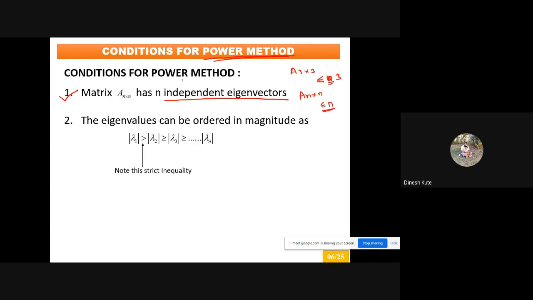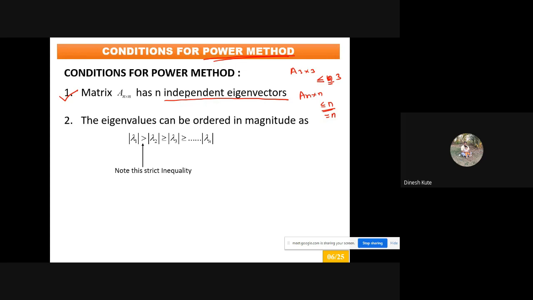But for the power method, here we want exactly n independent eigenvectors. So how do you ensure this? Can anyone tell me one case where you definitely get n independent eigenvectors?